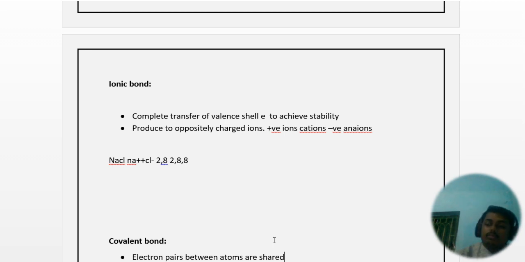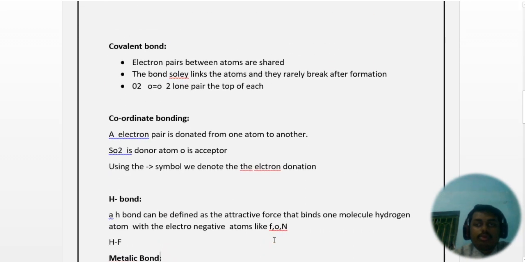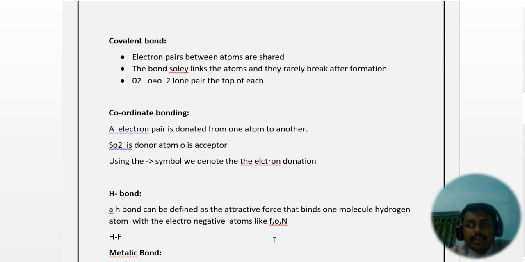Now the next type of bond is covalent bonding. In this kind of bonding, electron pairs between atoms are shared. This bond is the sole link between the atoms of the molecule, and the speciality of this kind of bonding is that it rarely breaks and is quite stable.